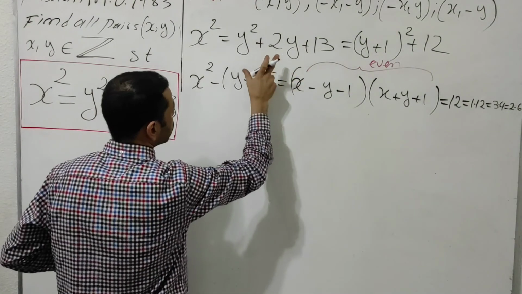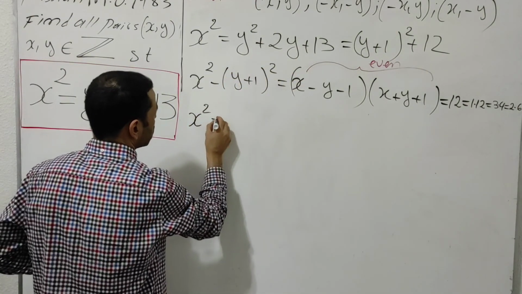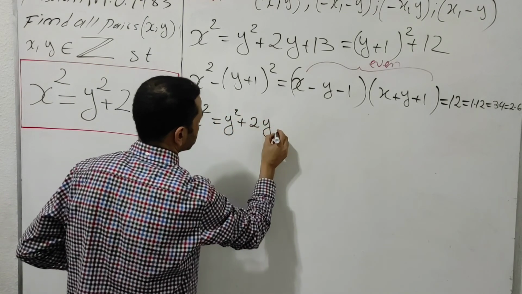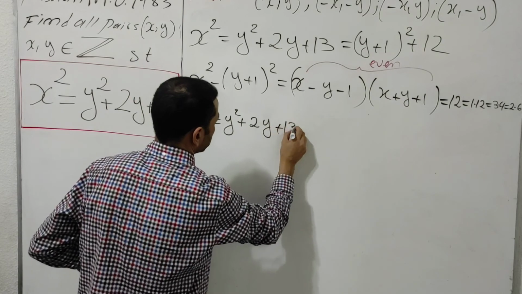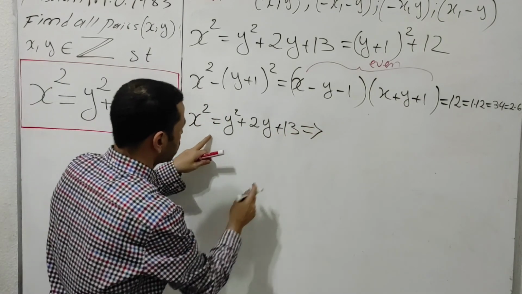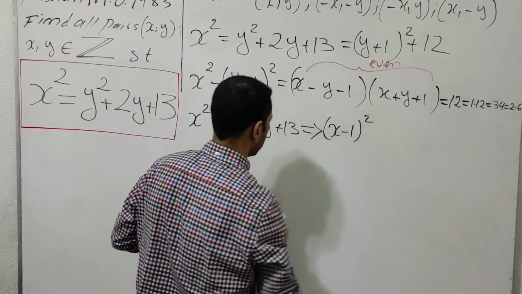I'm going to bring down the same equation. We'll have x squared equals y squared plus 2 times y plus 13. The same equation is giving me (x minus 1) squared.